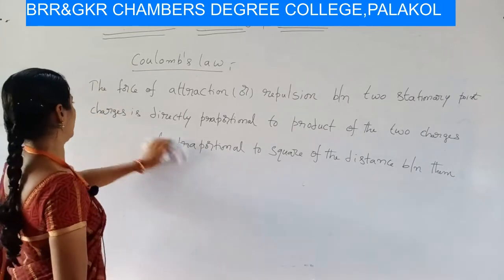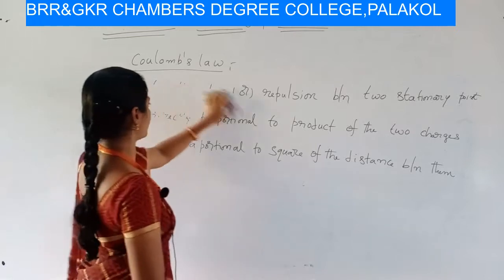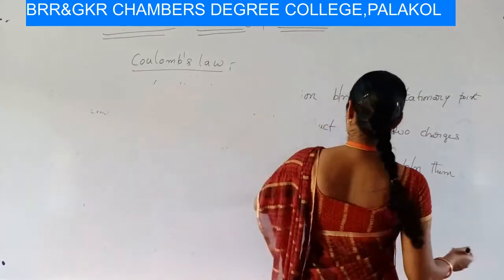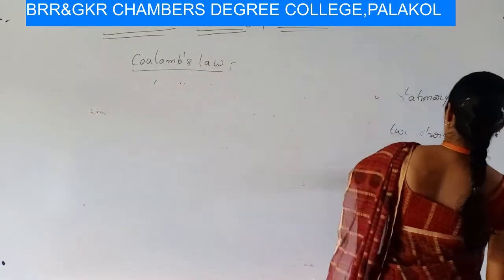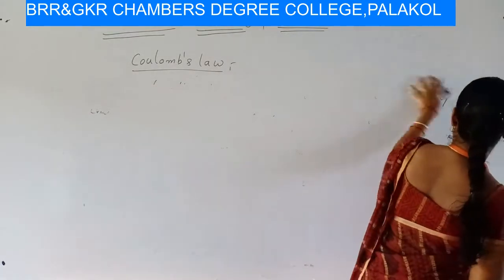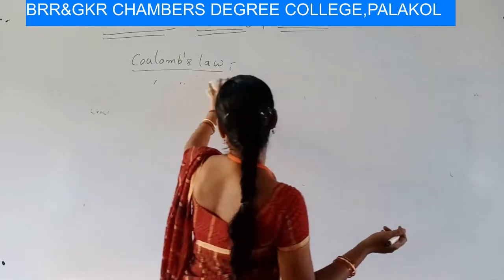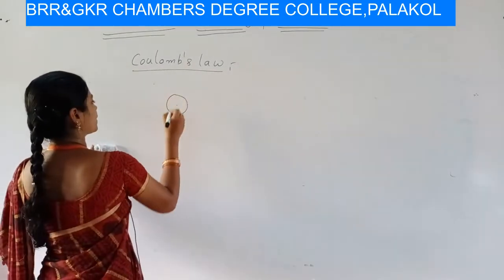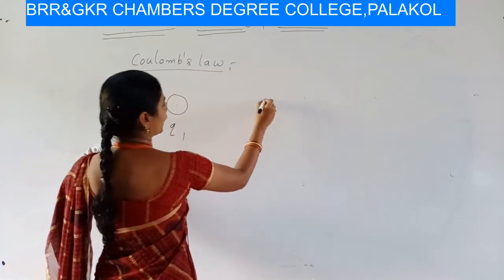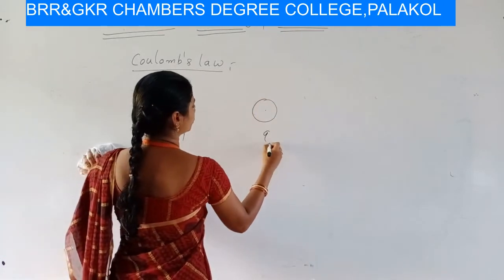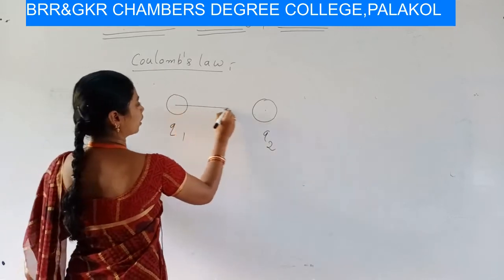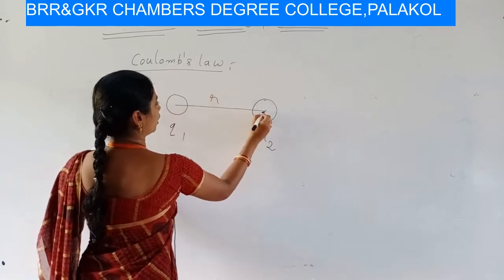Here, consider two electric charges, one is Q1 and another charge Q2. They are separated by a fixed distance which is treated as R.